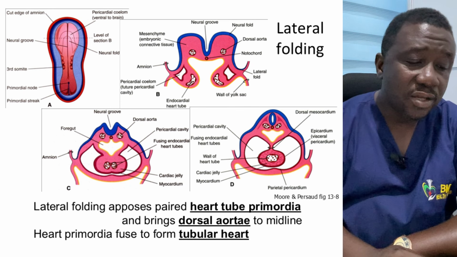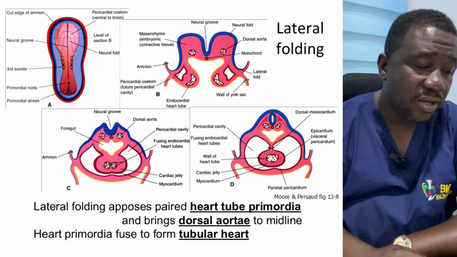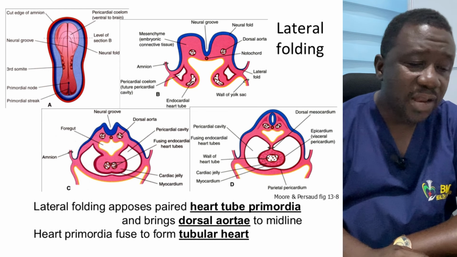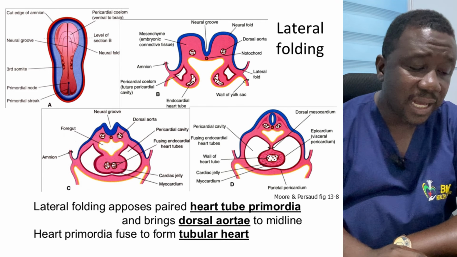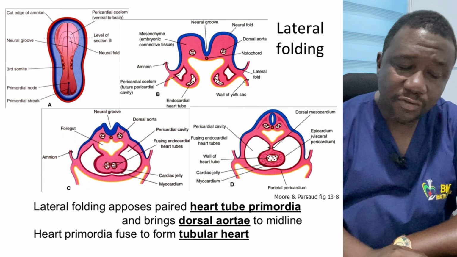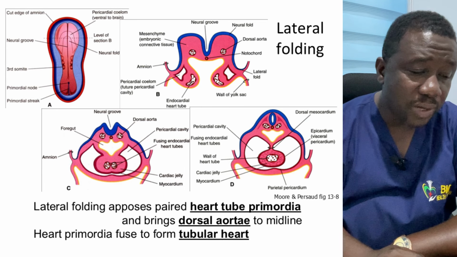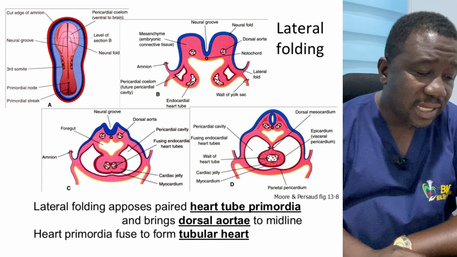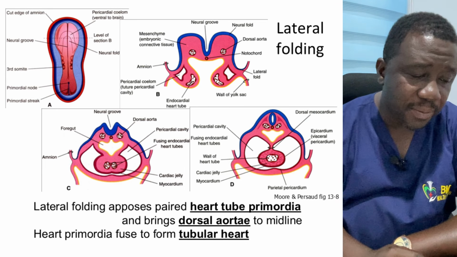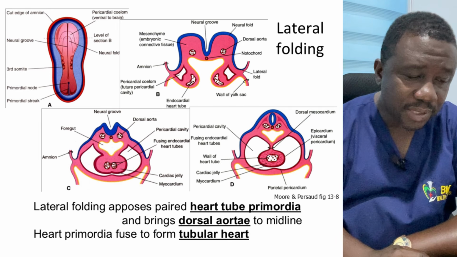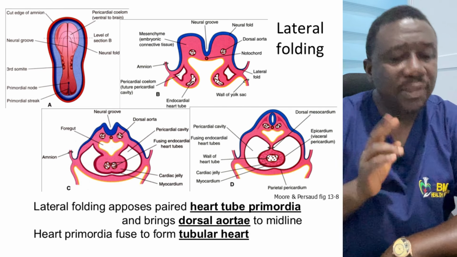So okay, when you come to C, you can see that the left and right endocardiac tubes have met, forming a fused endocardiac heart tube, and then the space around each of them, as shown in C, becomes a pericardial cavity.